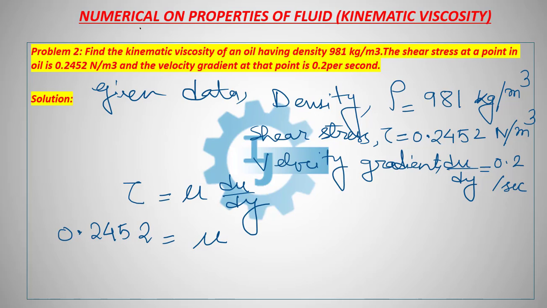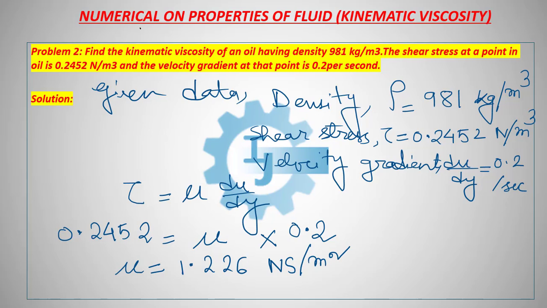What is mu? Mu is the coefficient of dynamic viscosity, or coefficient of viscosity, or viscosity. And du by dy is given as 0.2. From here we can find the value of mu. So what will be the value of mu? The value of mu will be 1.226 Newton second per meter square.